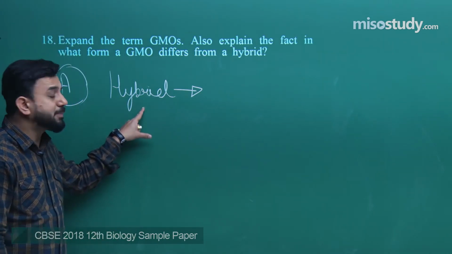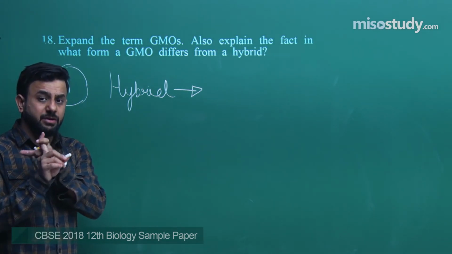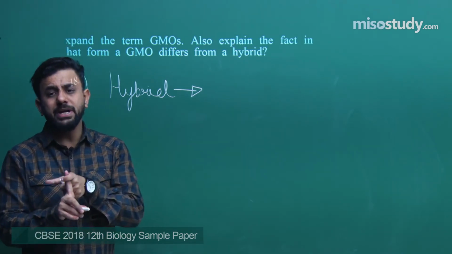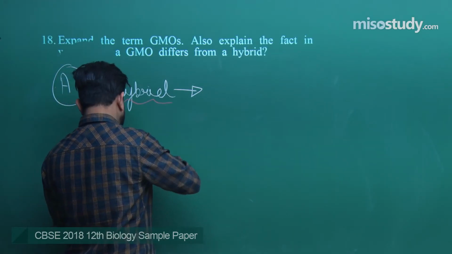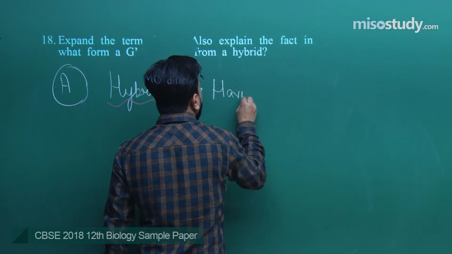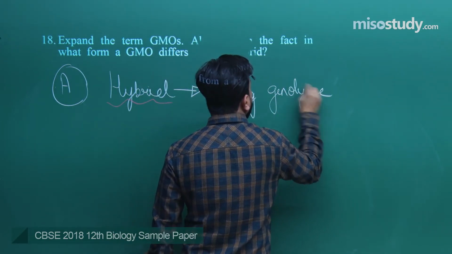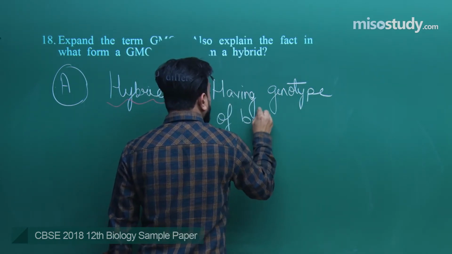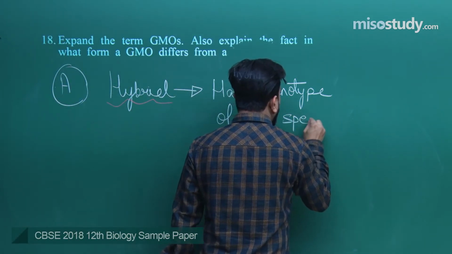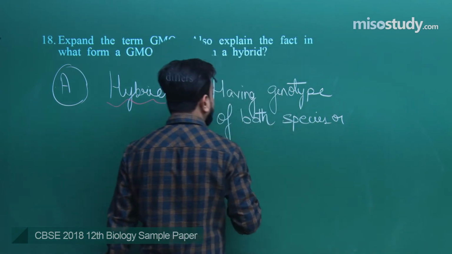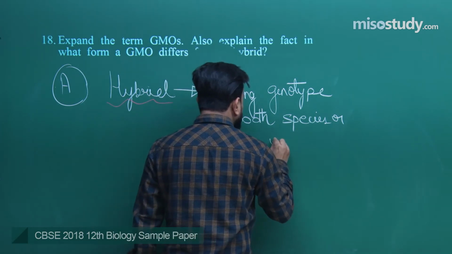So the hybrid will be having the genotype of both species or strains which are being crossed.